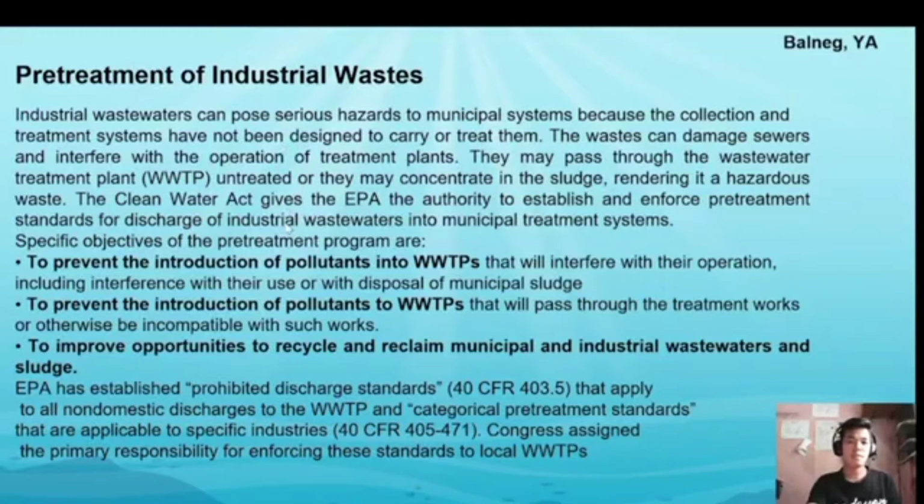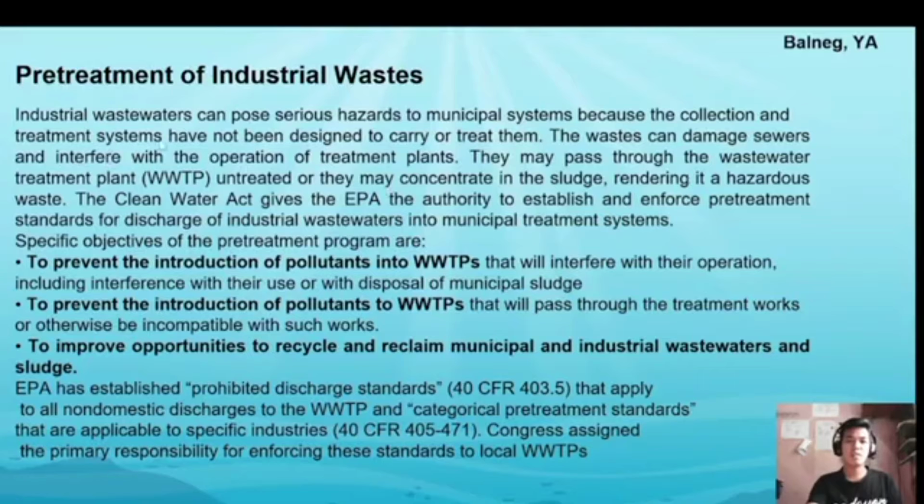Obviously, they will use water in their production process. So the wastewater that comes from these industrial places is called industrial waste.